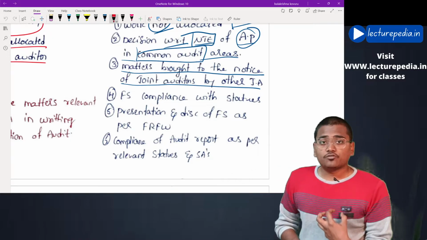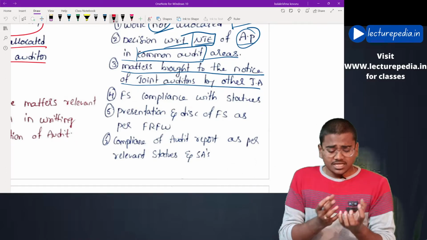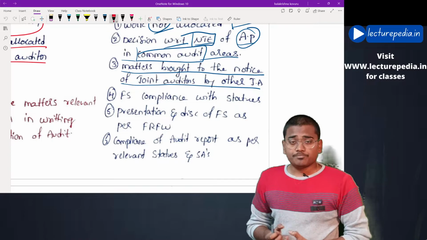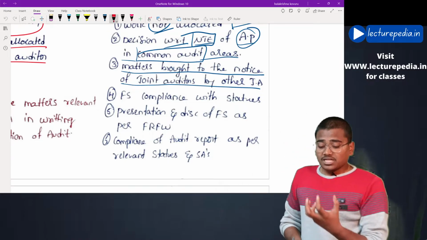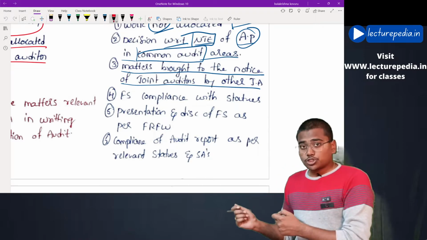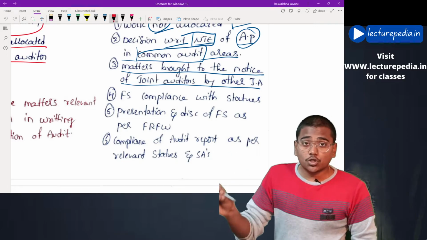Like this, one of the auditors, B and Co, communicates and takes this matter for discussion with C and Co, the joint auditor. In respect of this matter, both joint auditors discuss together and come to a conclusion together.